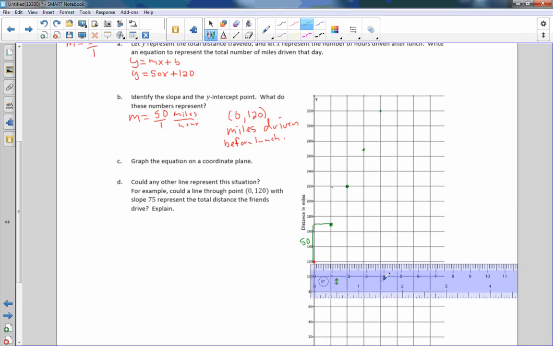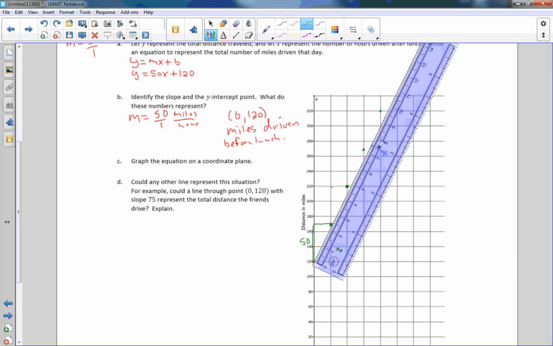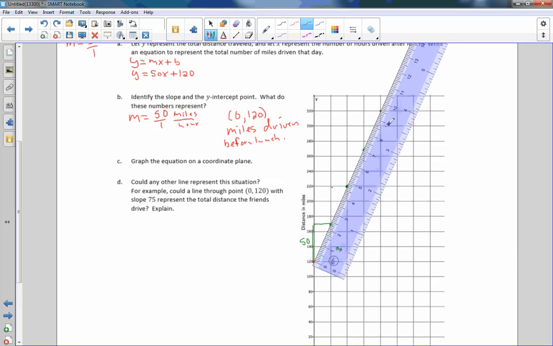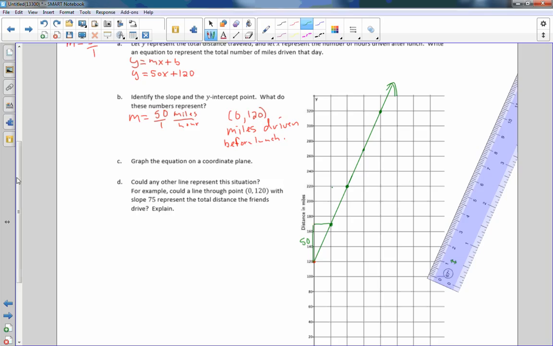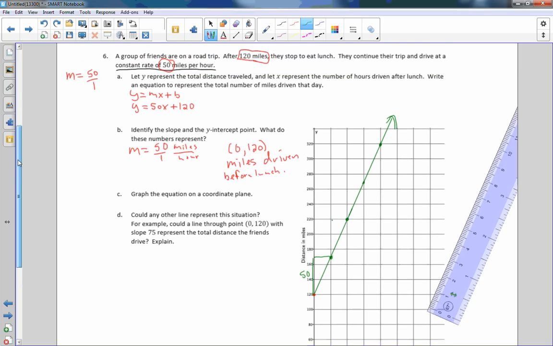Bring this down to your y-intercept. Of course, you're not using an electronic version, but if you were, that's what you'd have to do. And then rotate it so that we draw a straight line through all the points that are on there, like so. Okay, so there's our equation, the graph of our line, linear equation.